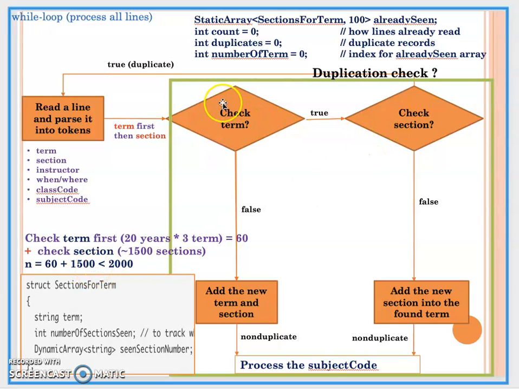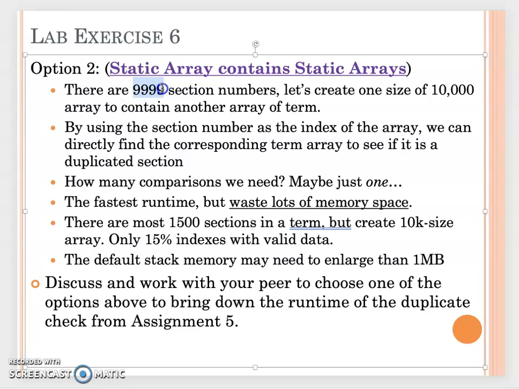But now what I show you is we only have one diamond. But this diamond needs a two-dimensional array. The first dimension we use for the turn, and the second dimension I use for the section. Since the section is a 4-digit number, I can quickly convert it from the string to the integer.